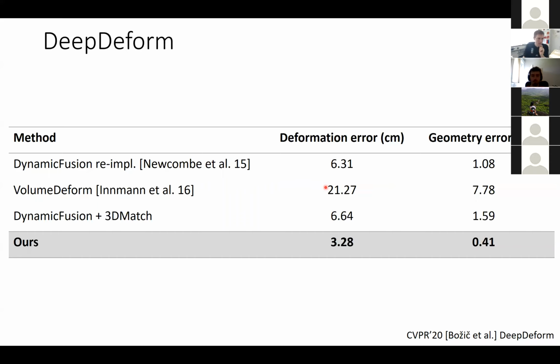Then what we also tried is we tried this dynamic fusion implementation, and we tried to use existing descriptors. In this case, we used one of our previous papers, 3D Match. So we trained the signed distance descriptor on sparse key points, and we tried to use these sparse key points to get matches. And this is actually how we started out. And as you can see, it actually made the results even worse.